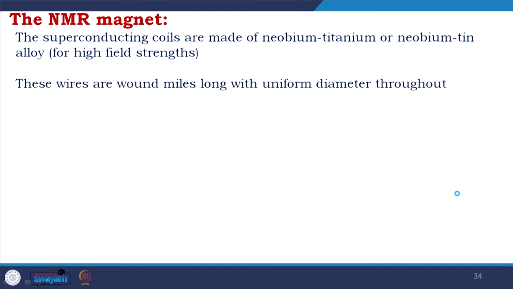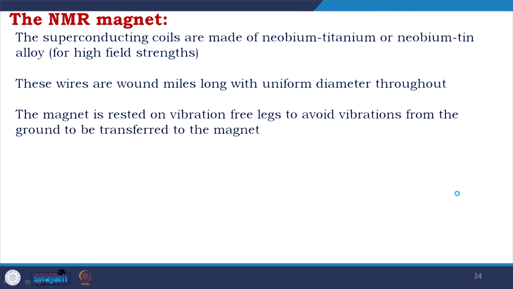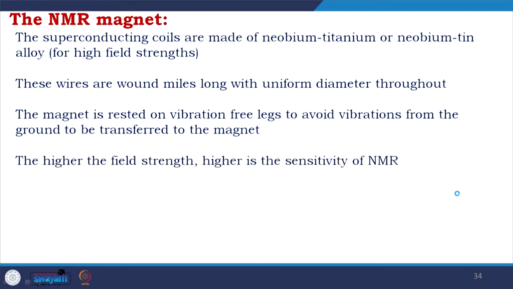These wires are 1 mile long with uniform diameter throughout. The magnet rests on vibration-free legs, as I talked about, to avoid vibration from the ground being transferred to the magnet. The higher the field strength, the higher the sensitivity of the NMR.